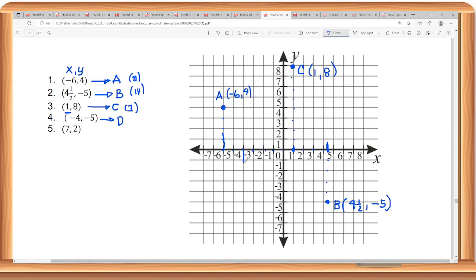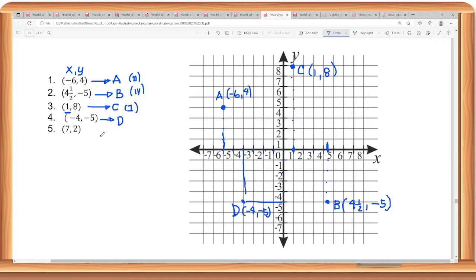Negative 4 is here. And how about negative 5? We have negative 1, negative 2, negative 3, negative 4, negative 5. So negative 5 is here. Therefore, this is point D, wherein the x coordinate is negative 4 and the y coordinate is negative 5.